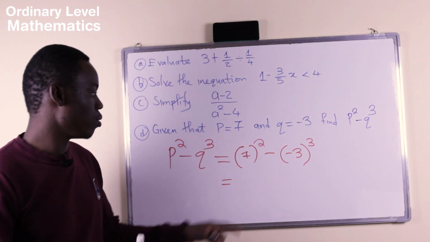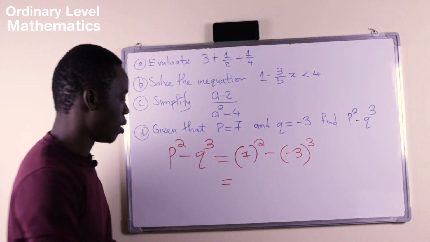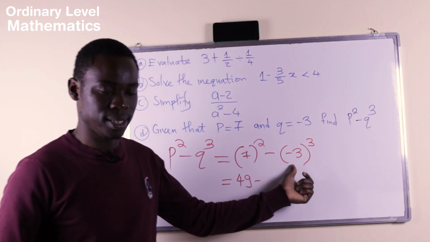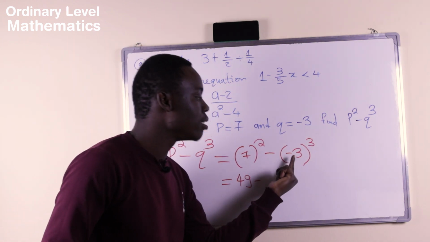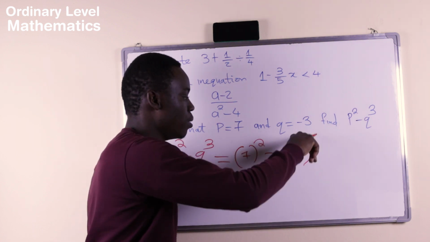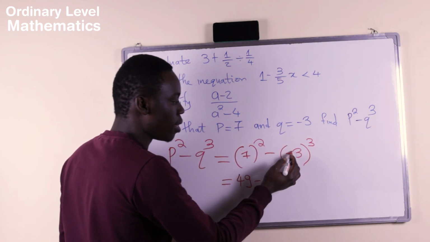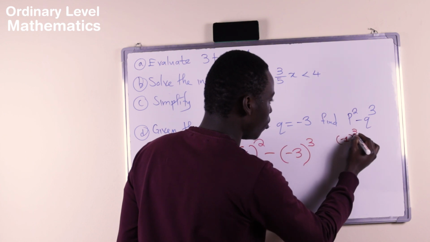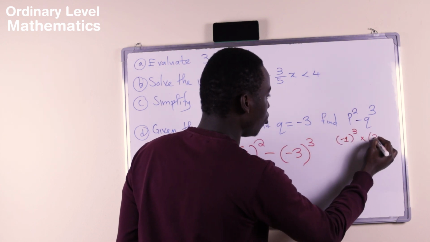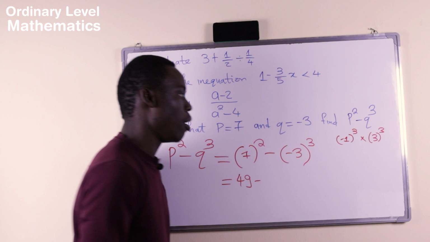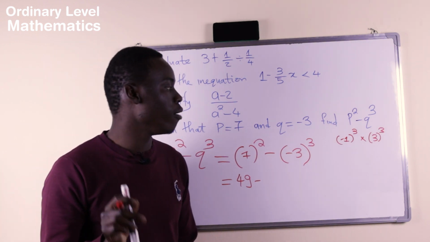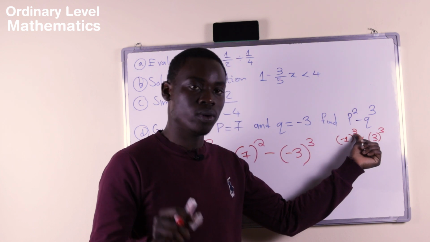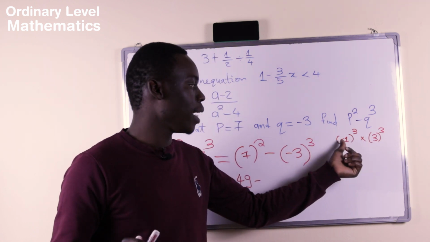So this is equal to 7 squared is 49 minus, pay attention here, you've got -3 cubed. That means this is the same as -1 to the power 3 times 3 to the power 3. Now, this is one thing you have to note. Note that when your power is an odd number, the sign is maintained.